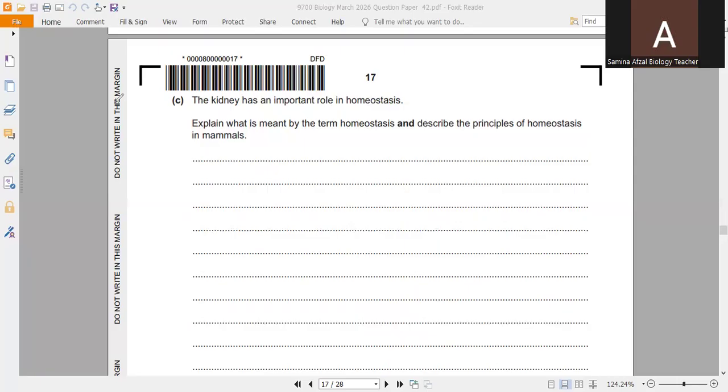A coordination system is also involved, with the nervous system and endocrine system. Its importance is that it prevents damage to cells and enzymes by maintaining optimal conditions, preventing enzyme denaturation. All this takes place when the body is under the control of homeostasis.